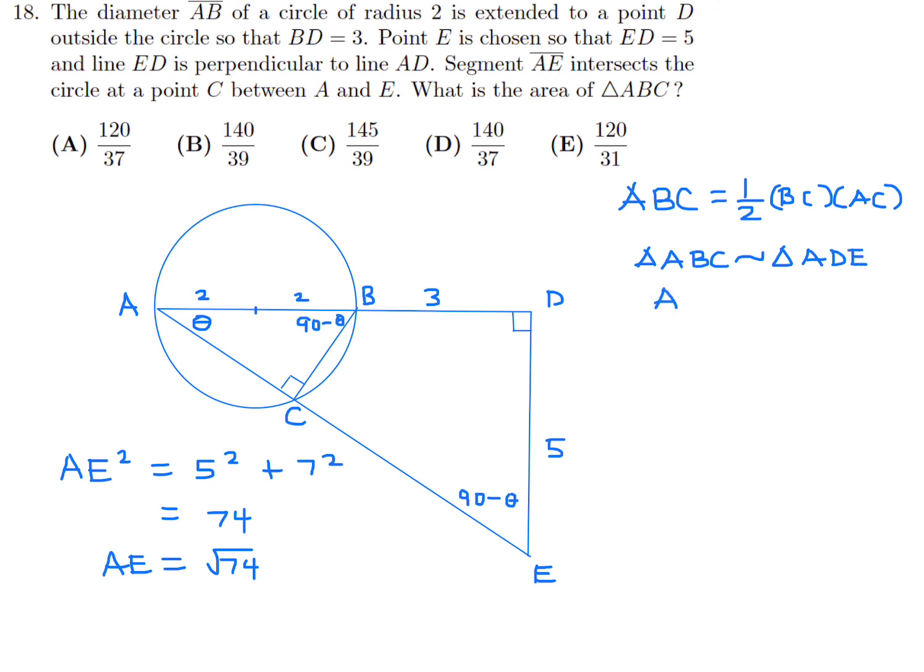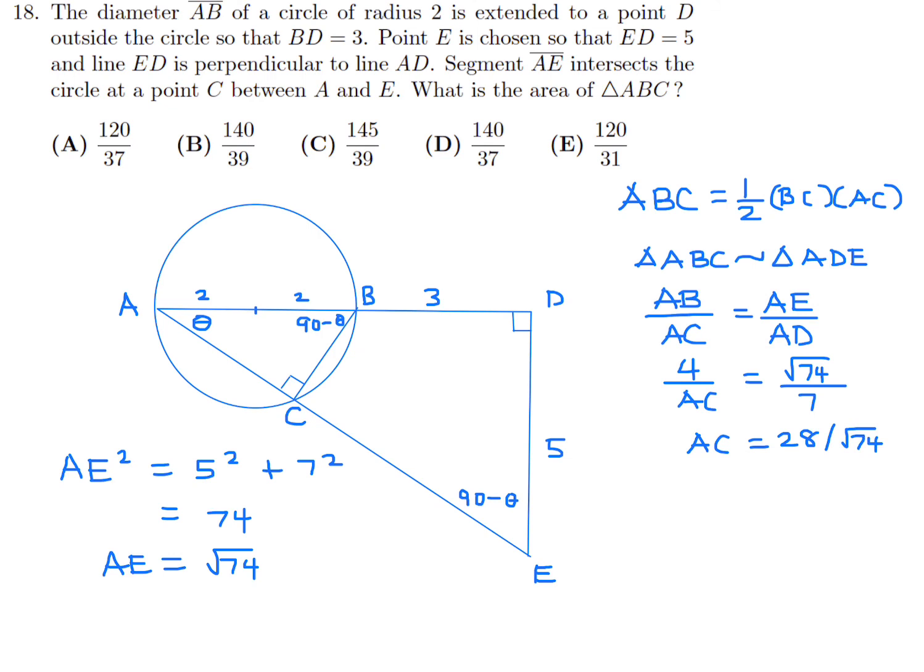That means AB over AC is equal to AE over AD. So 4 over AC is equal to root 74 over AD, which is 7. Solving, I get AC equal to 28 over root 74.